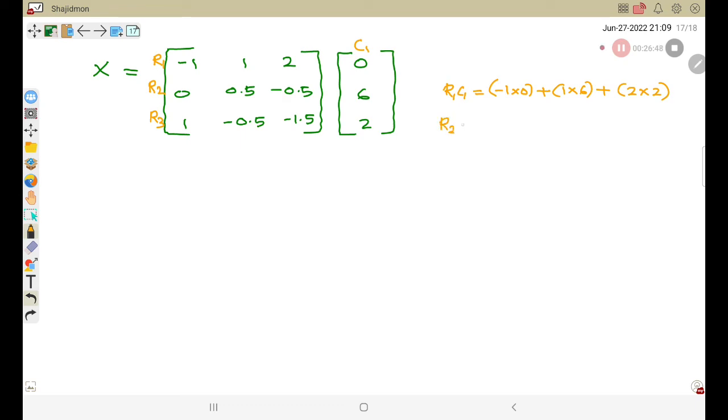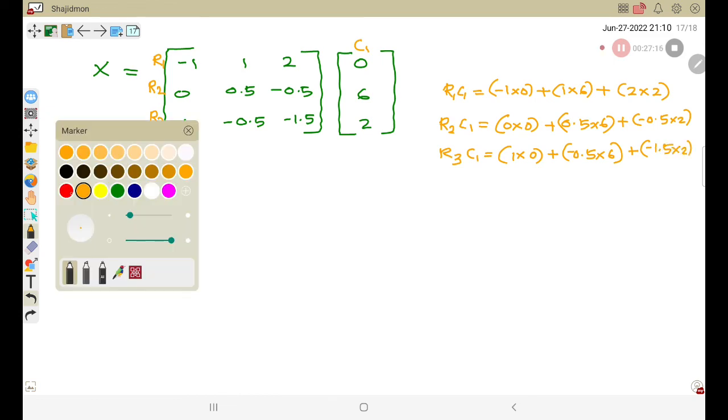Then R2, C1. 0 with 0, plus 0.5 with 6, plus minus 0.5 with 2. Then R3, C1. 1 multiply 0, plus minus 0.5 with 6, plus minus 1.5 with 2. You can use the calculator.